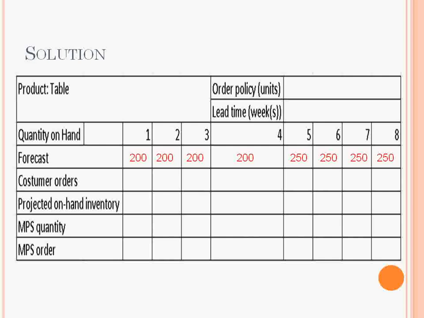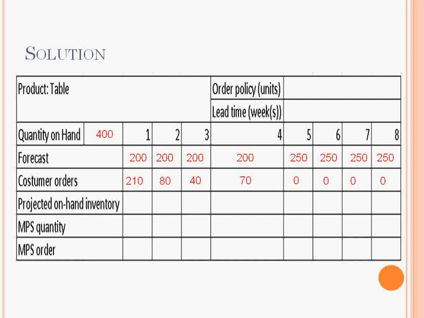However, we know that customers ordered for the first 4 periods, so we can fill this part as well. We also know that on-hand inventory is 400.